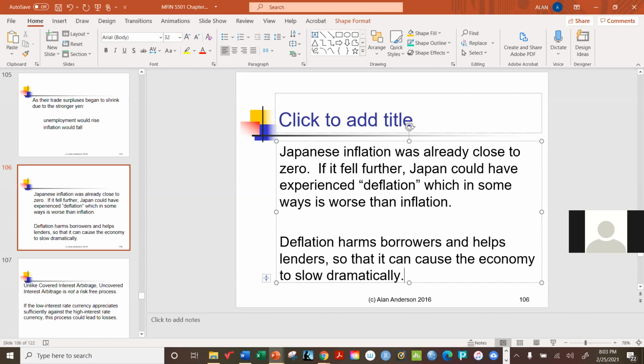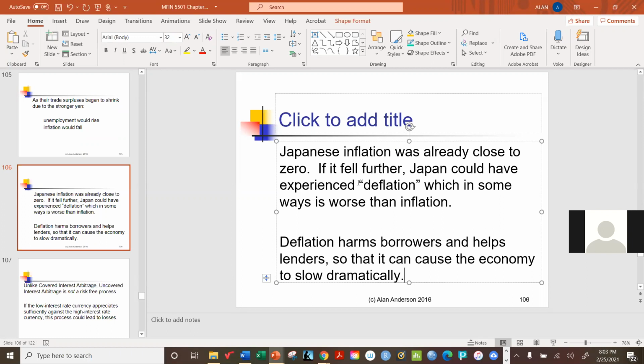It means that if you borrowed money, you're actually paying back more in real or inflation adjusted terms. And that's why so many farmers lost their farms, because their loans were locked into place, but the prices they were getting for their crops kept falling and falling. And so it caused sort of a chain reaction, and then there's failures by farmers and failures by banks, and it starts feeding on itself.